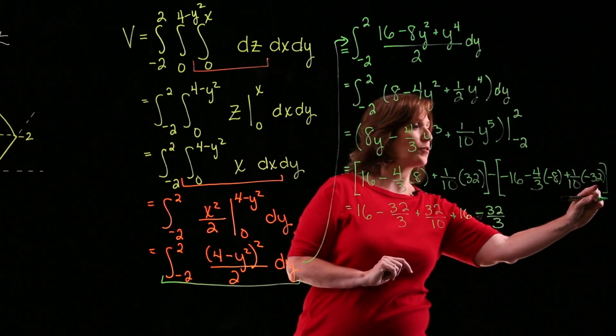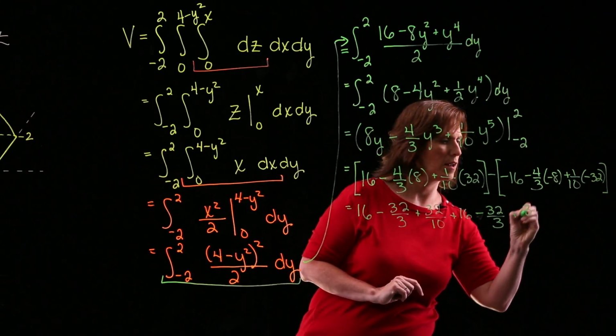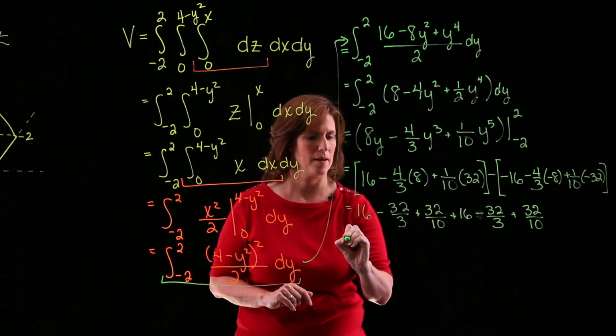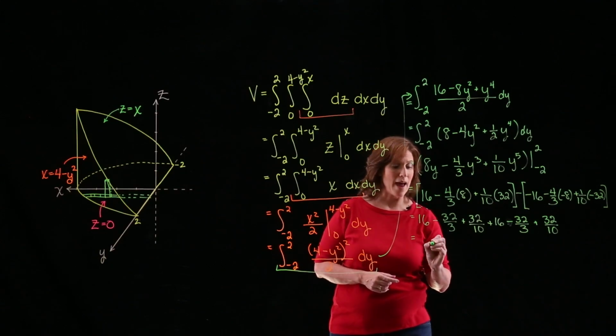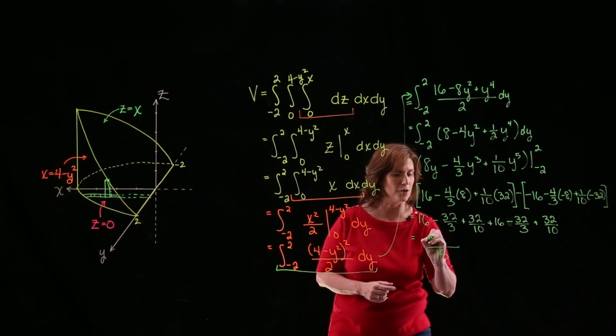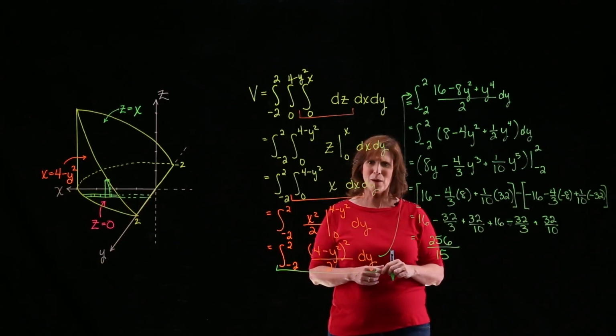And this will be a negative 32 over 10, which becomes a positive 32 over 10. Now I'll need to get a common denominator. The common denominator happens to be 15, and with a little arithmetic, you can find out that the result is 256 over 15.